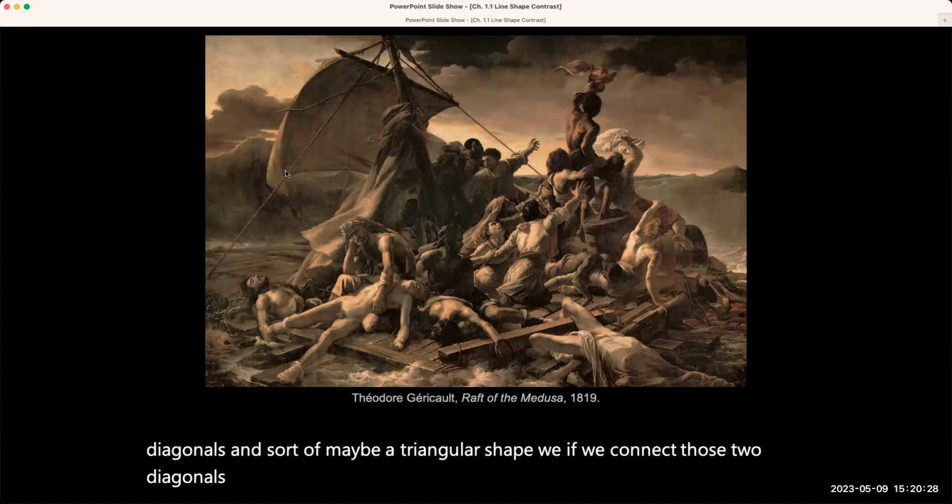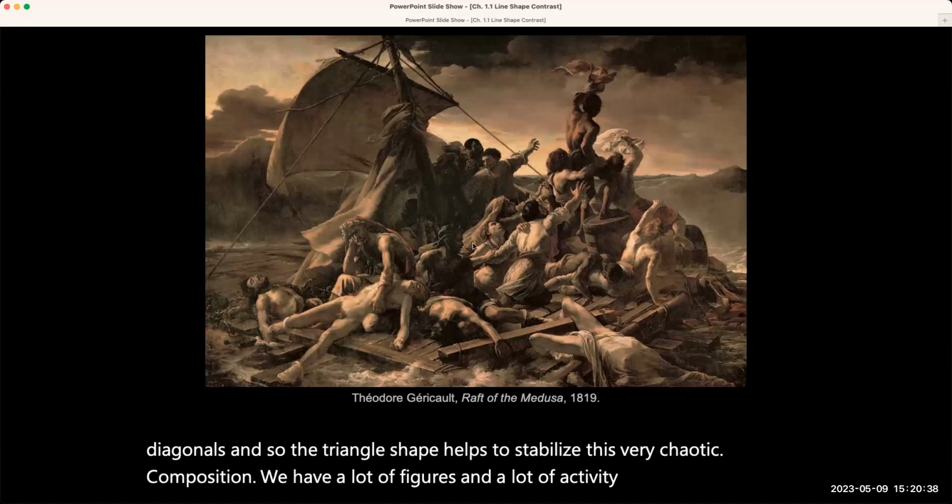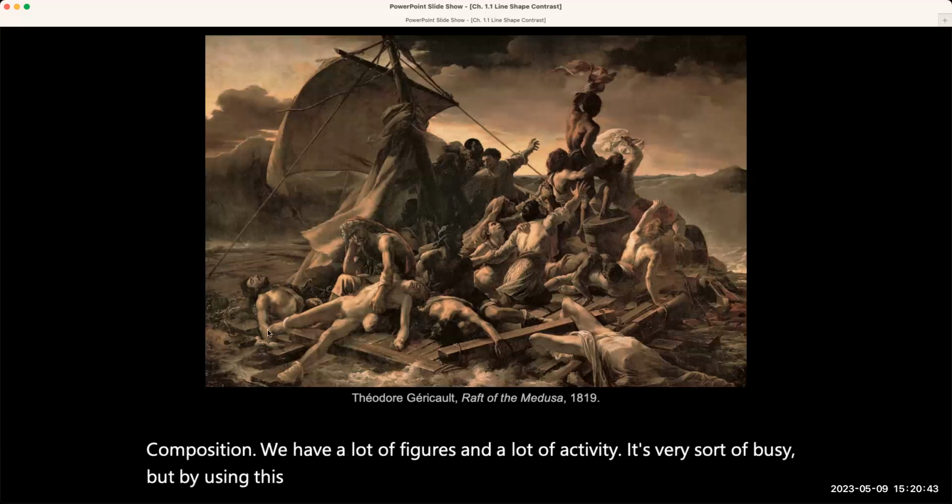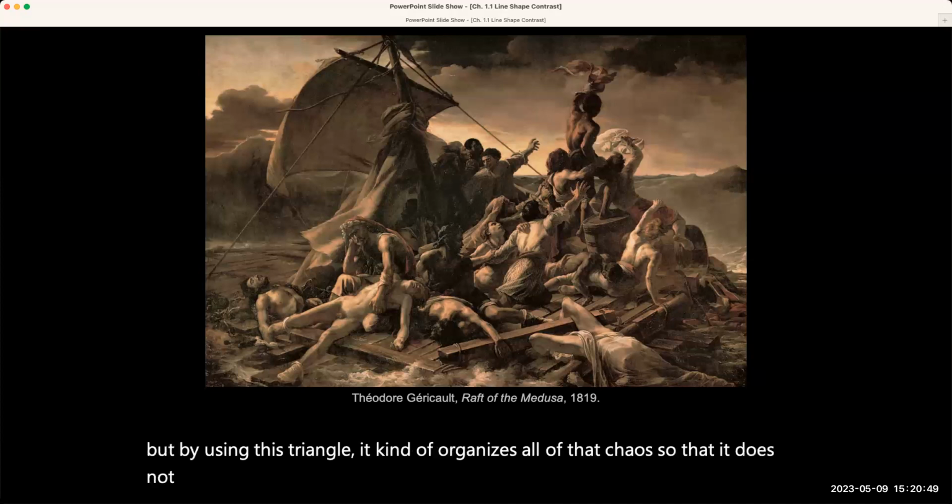And so the triangle shape helps to stabilize this very chaotic composition. We have a lot of figures and a lot of activity. It's very sort of busy. But by using this triangle, it kind of organizes all of that chaos so that it is not overwhelming for the viewer.